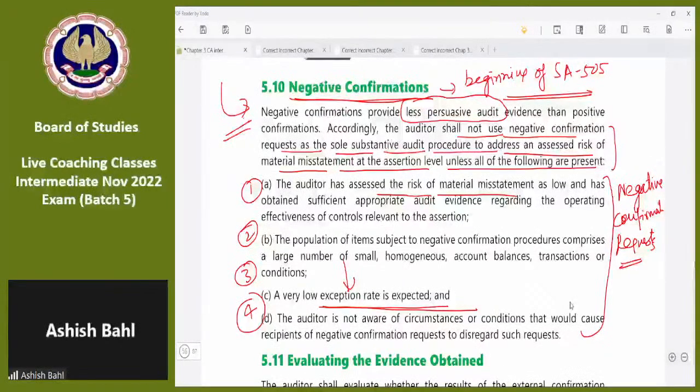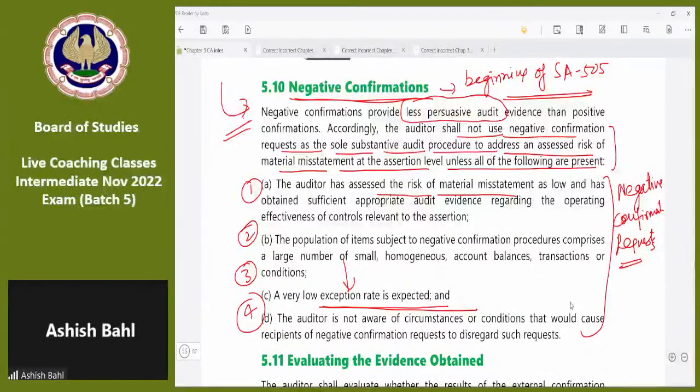Low exception rate again means the chances of information being different are low. And the auditor feels that there are no factors known to him that these requests would not be responded to. He reasonably feels that negative confirmation requests would be responded to, because obviously these would be responded to by very few people.